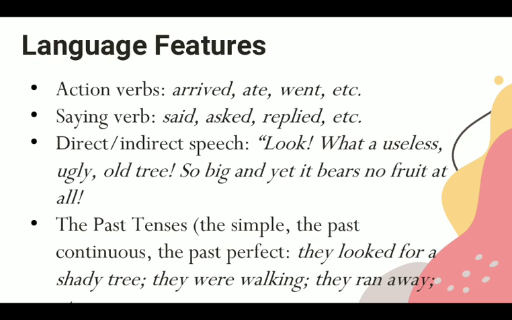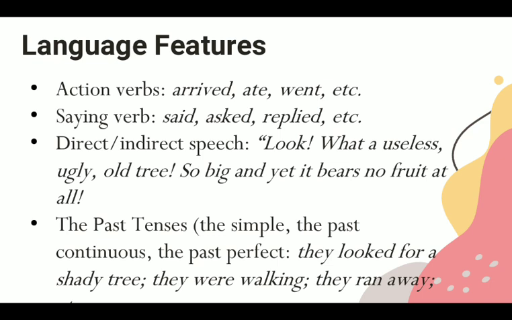Direct and indirect speech is needed when the characters communicate with each other, like that. The characters need a sentence which can describe their dialogue, their emotion, using direct and indirect speech.